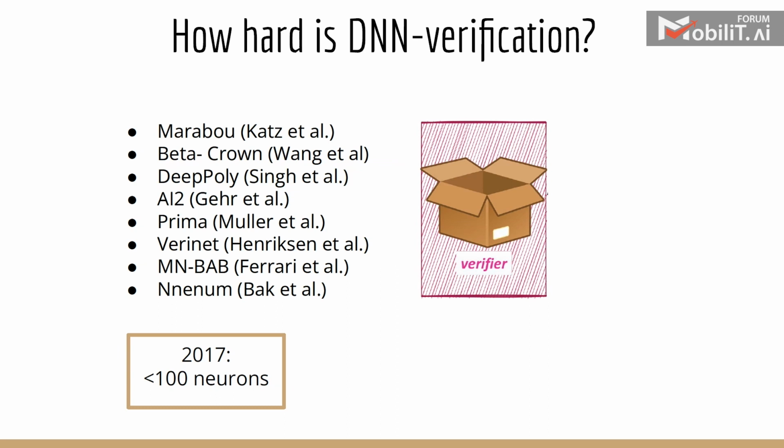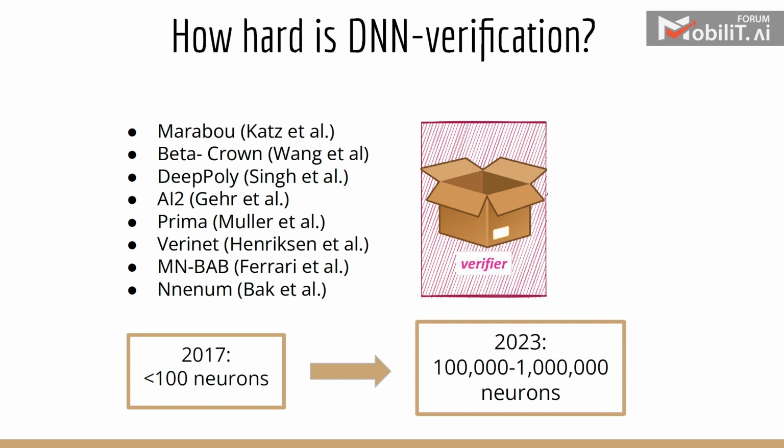Just to give you a sense, in 2017, the biggest networks that were capable of being verified by the best verification tools had only less than 100 neurons. There were really great research papers on networks with 3 neurons or 5 neurons or 10 neurons. But today, modern tools can verify hundreds of thousands to millions of neurons.